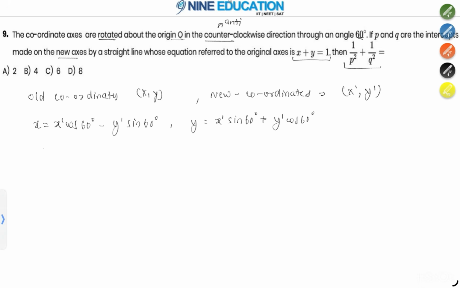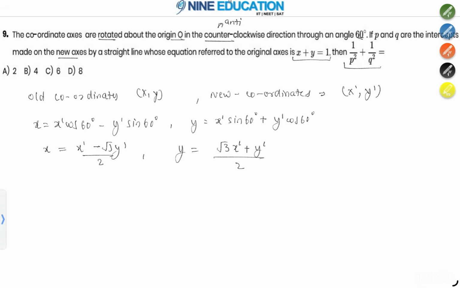So this will imply x is equal to x dash minus root 3 y dash by 2, and y we can find easily. y is equal to root 3 x dash plus y dash by 2. These two values we will have.